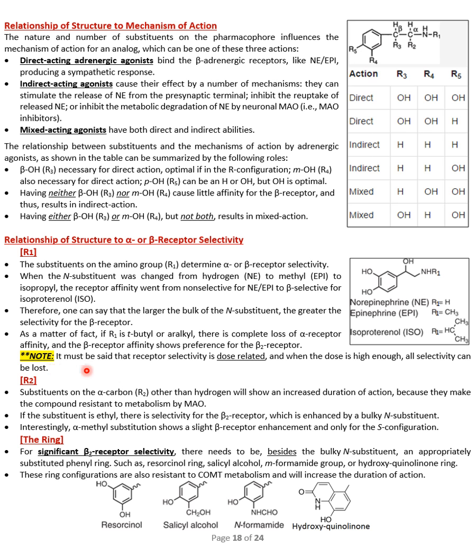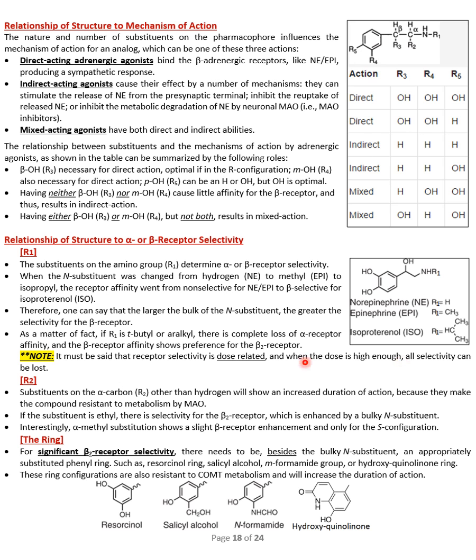We must notice that in all cases, no matter how selective the drug can become to beta 2 receptors, if you give a high enough dose, then the drug can still bind to beta 1 receptors and alpha receptors and produce some side effects.